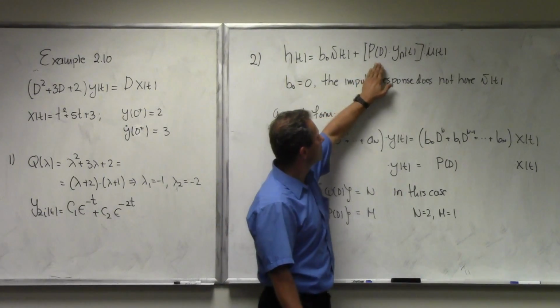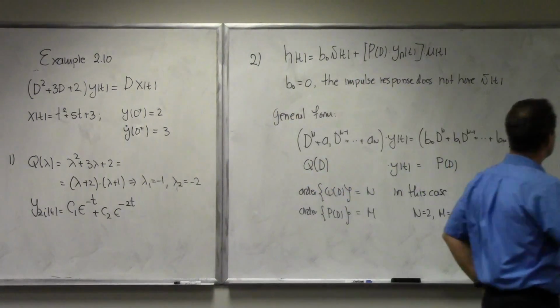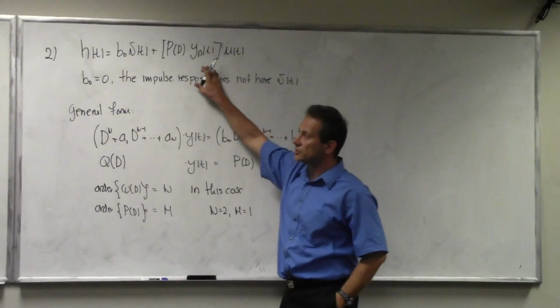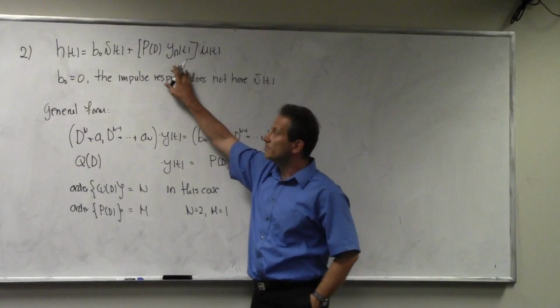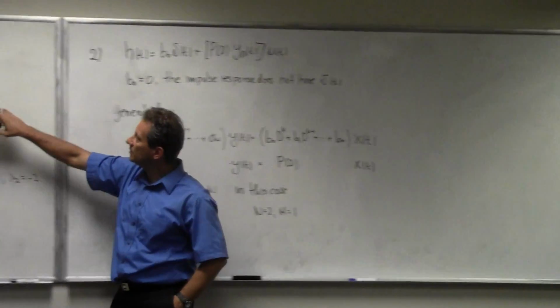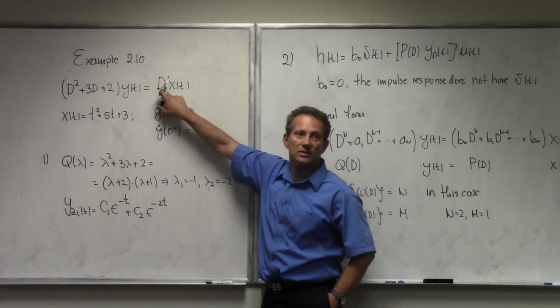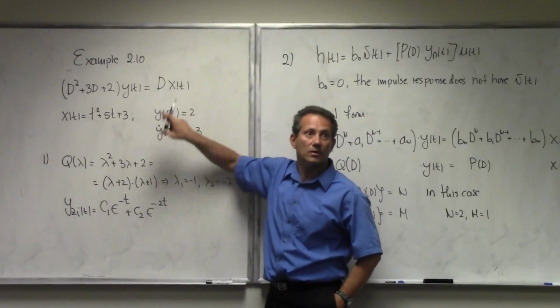So all we need to do is determine the rest. First, what is yn of t? Yn of t was the impulse response of the companion system. The companion system has the same differential equation, but doesn't have D on the right; it just has 1 times x of t.